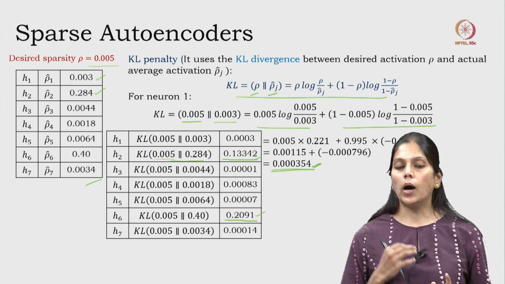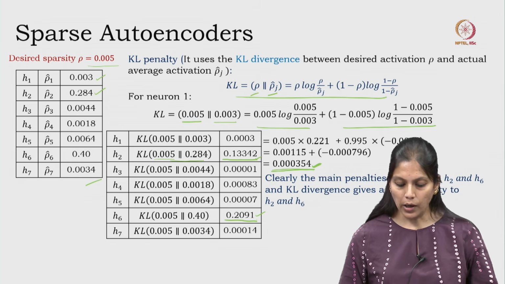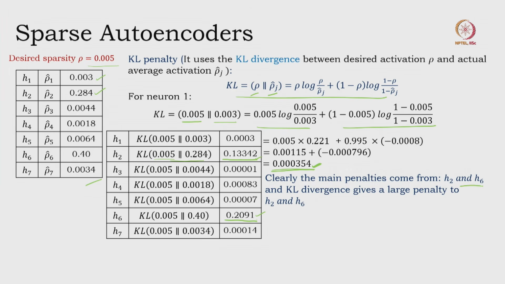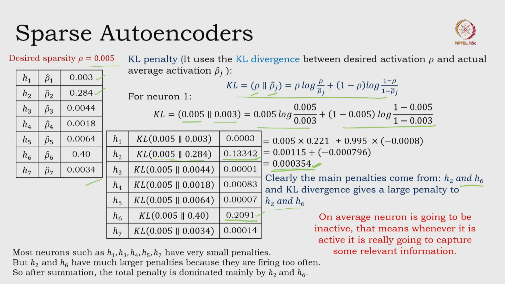So here you are imposing the restriction on hidden neurons. Clearly the main penalties are coming from H2 and H6, and KL divergence gives a larger penalty to H2 and H6. So this is the concept. Now on average, the neuron is going to be inactive. What does it mean?